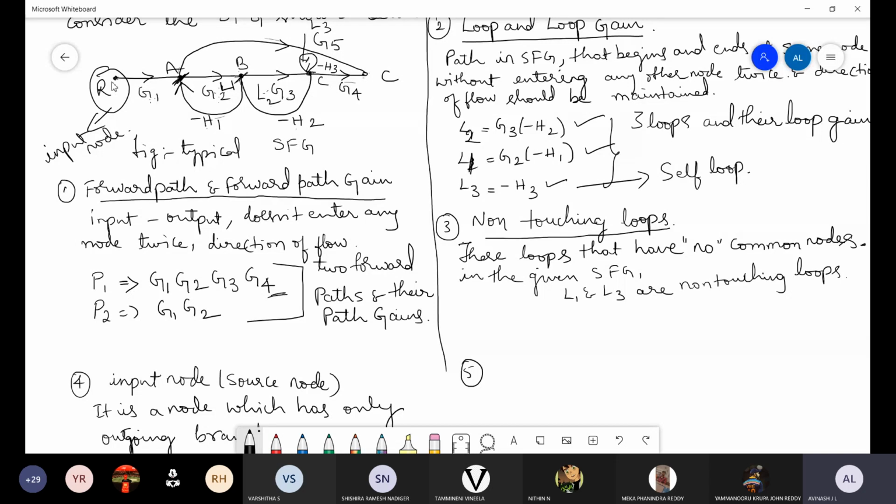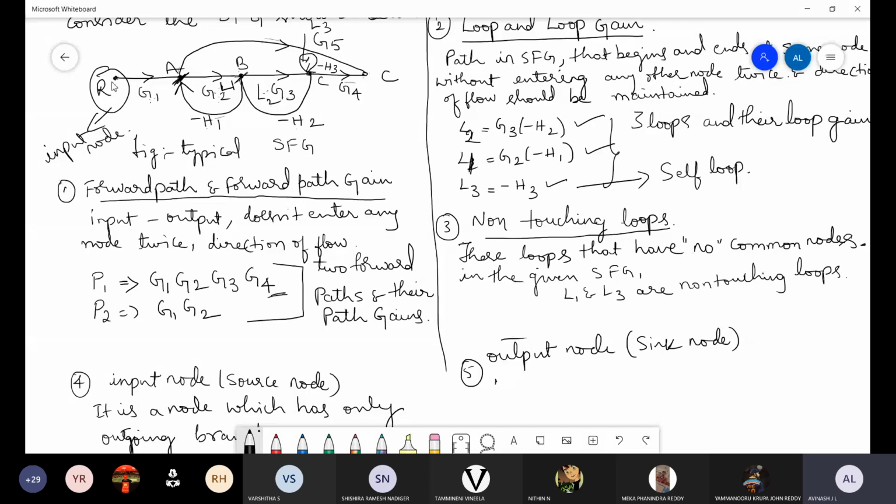Clear? Similarly, when you write the output node definition: the opposite of source is what? Sink node. So it has only incoming branches.